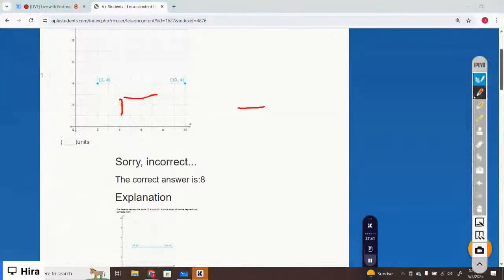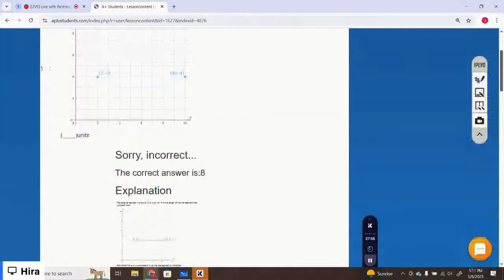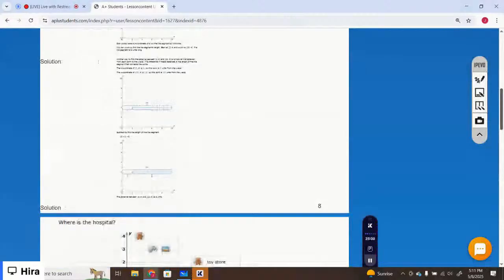So how do you calculate the distance? You have to subtract their x components. That is 10 minus 2, which equals 8.